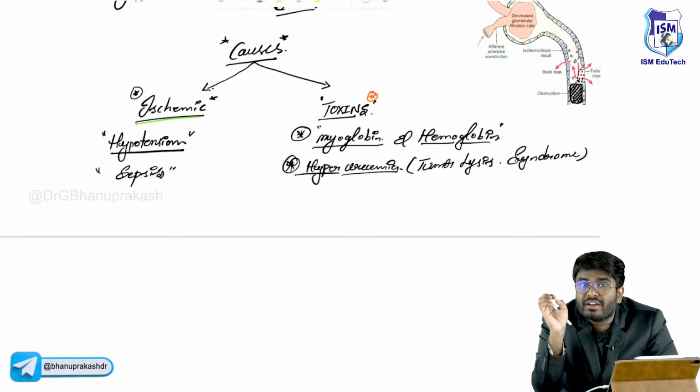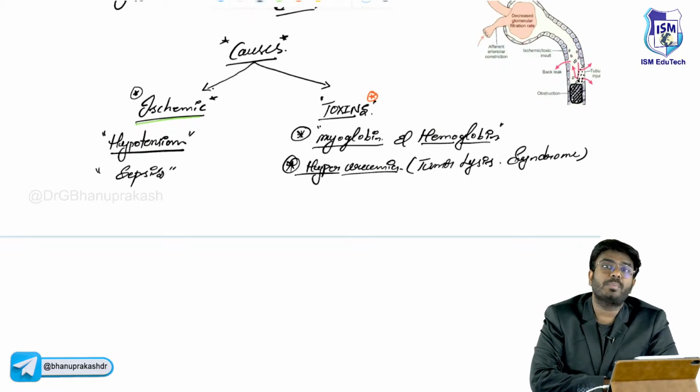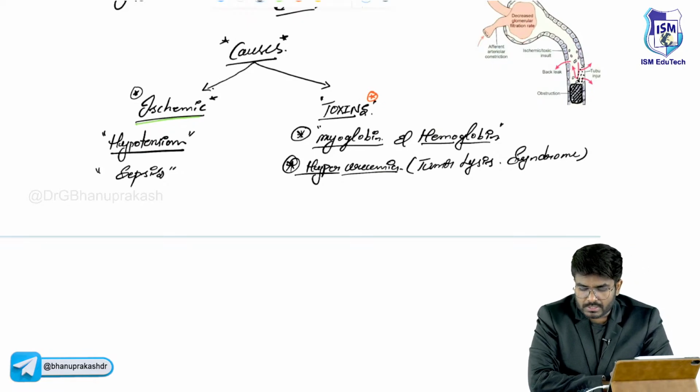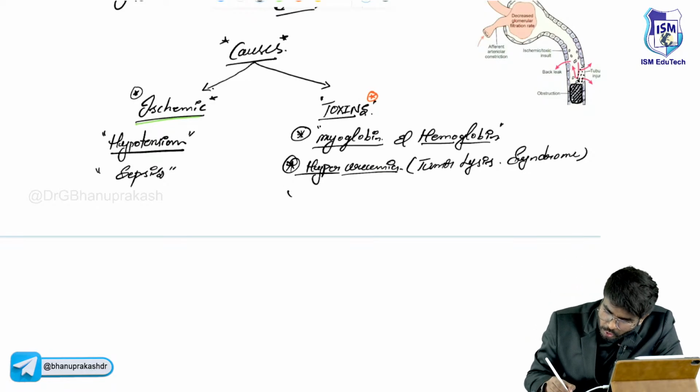When the tumor cells are getting killed, the cells are dying. What about the nucleic acids? The nucleic acids undergo metabolism and produce uric acid. This uric acid can cause damage to the PCT epithelium. So these are hyperuricemia conditions, leaking of myoglobin, leaking of hemoglobin, and certain types of poisons like ethylene glycol.